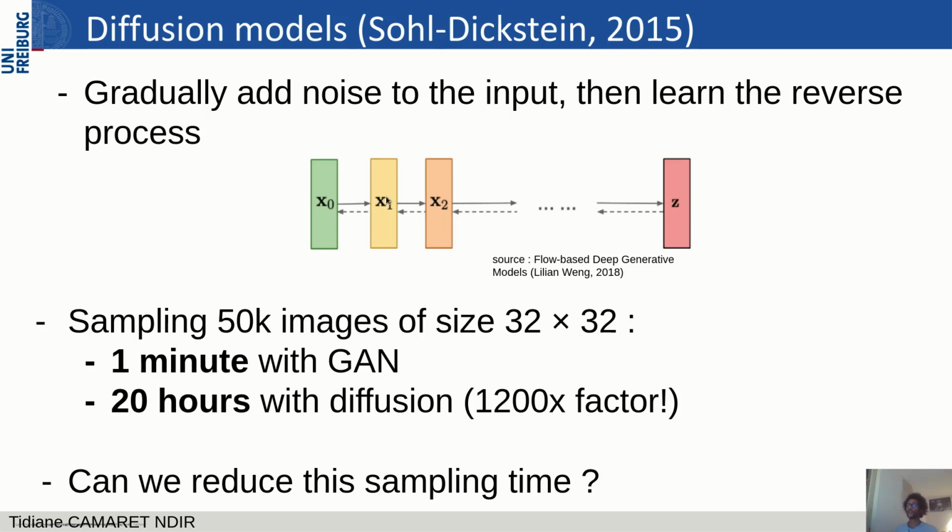To give you an idea of the sampling time, on the same hardware, sampling 50,000 images of size 32 by 32, which is quite small, takes 1 minute with a GAN, but 20 hours with diffusion. That's more than 1,000 times slower. So that's obviously something that we would like to change.